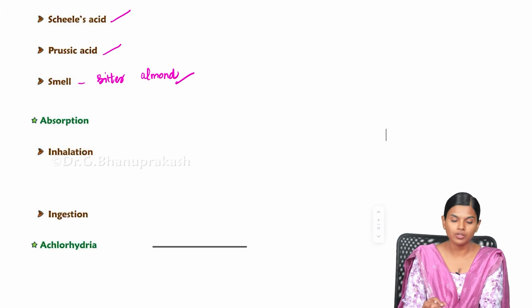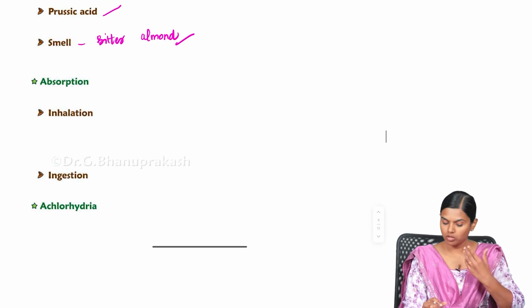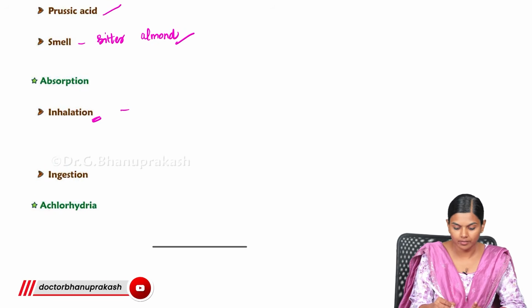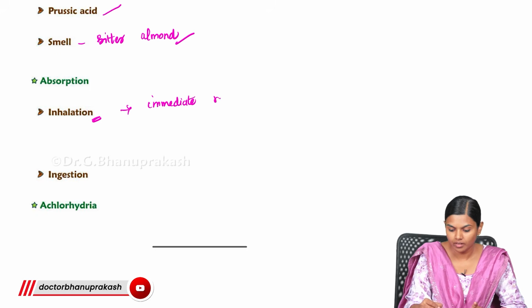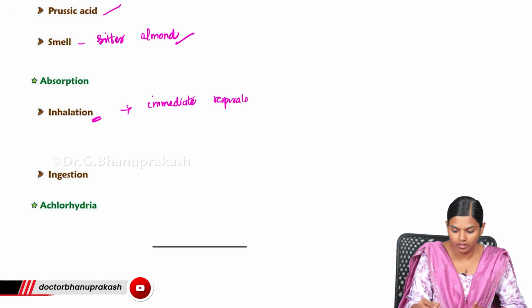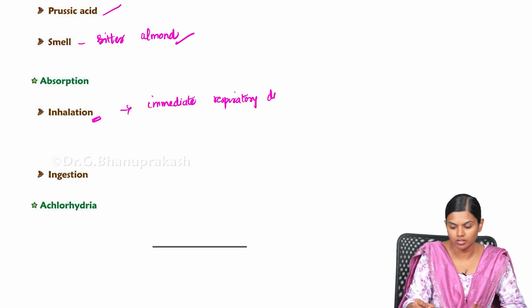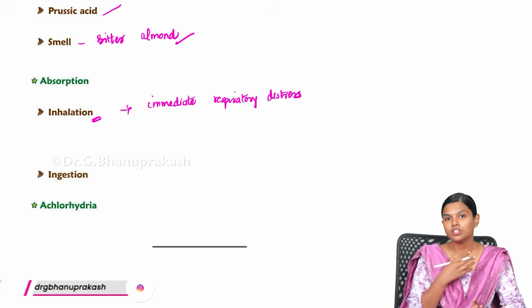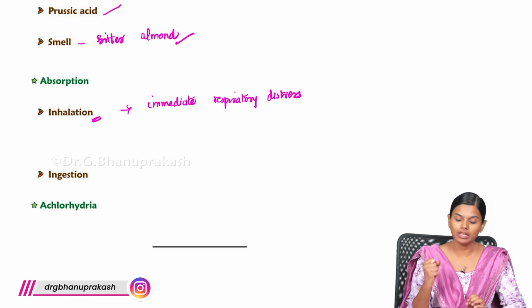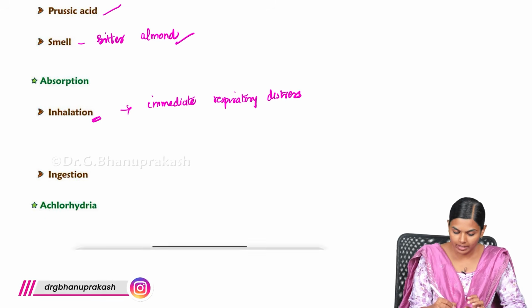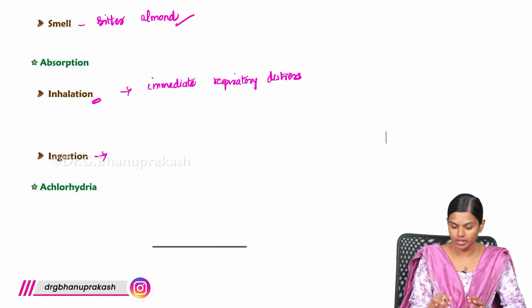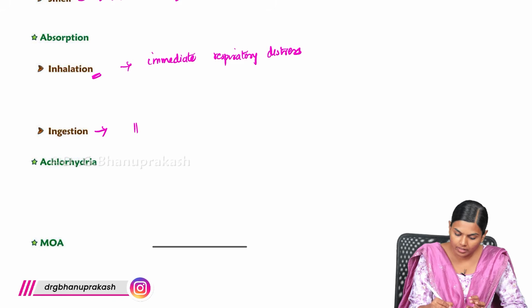Now, what happens with cyanide is that mostly when it is inhaled, there will be immediate action. You will have immediate respiratory distress. There will be dyspnea, and they will be clutching onto their throat. So, there will be an immediate reaction. But when it is ingested, it will react with the hydrochloric acid in the stomach.